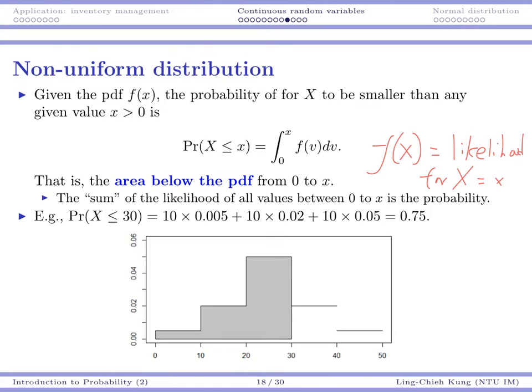And finally, you now can understand why we have some specific numbers for f of x. Why is it 0.005, why is it 0.02, why is it 0.05? Because we need to make sure that the area below the curve can really measure the probability.